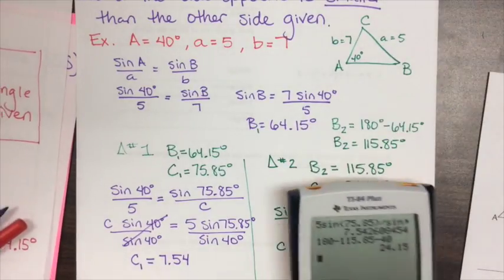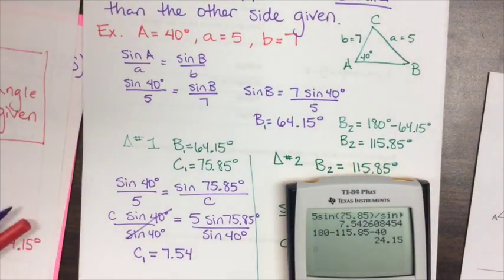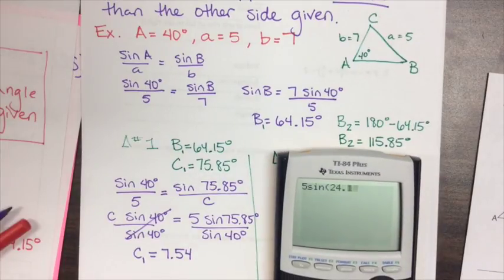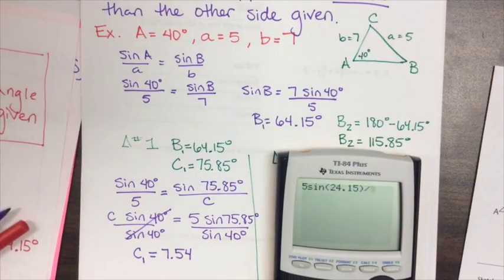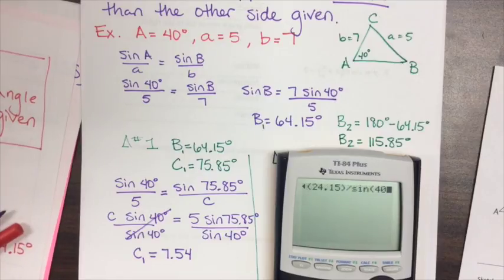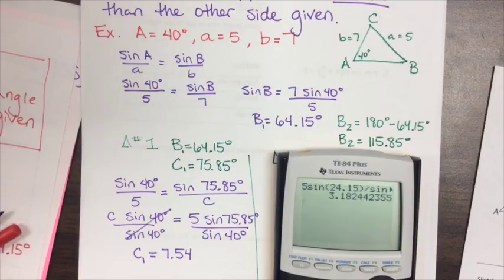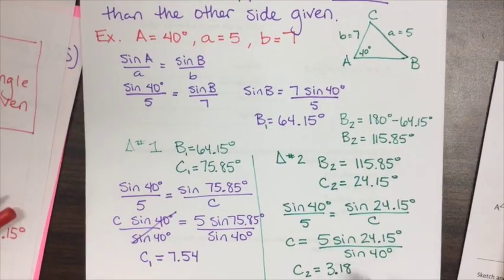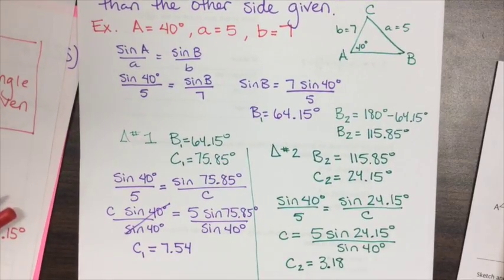Let's plug that into our calculator. 5 sine 24.15 divided by sine of 40. And we get 3.18. So little c, or c2, is 3.18. Now we have solved both triangles in this ambiguous case.